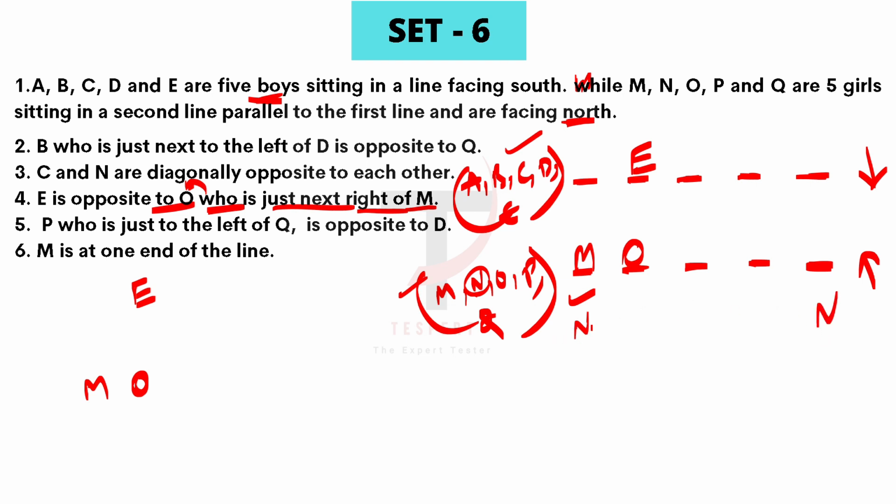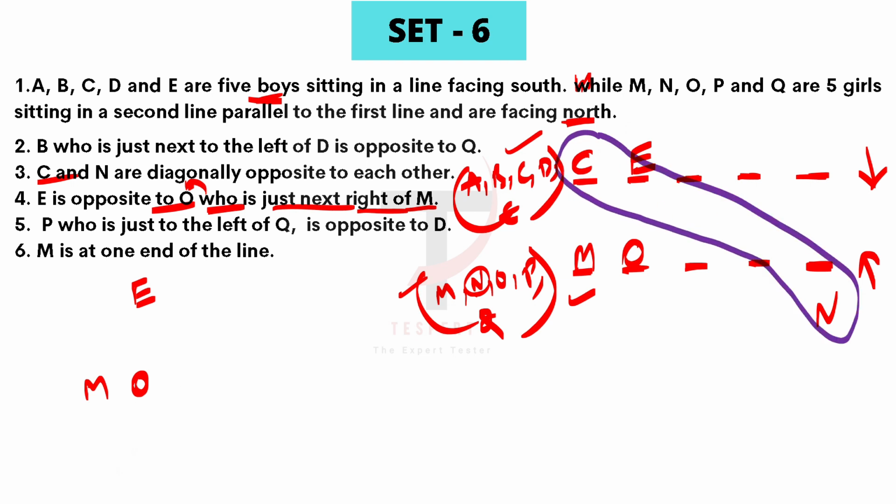Alright. And C and N are diagonally opposite. If N comes here, C must come here, because the meaning of diagonally opposite is this one: the extreme left hand side of the boy and the extreme right hand side of the girl.